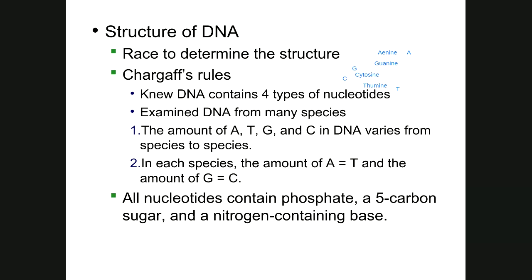If A is 28%, I have T is also 28%. So this is the meaning. Suppose if I have G is 25%, the amount of G is always equal to C. That means C is also 25%.